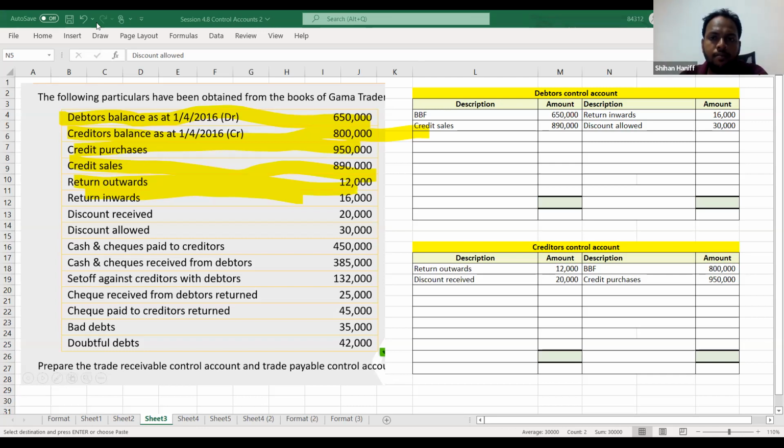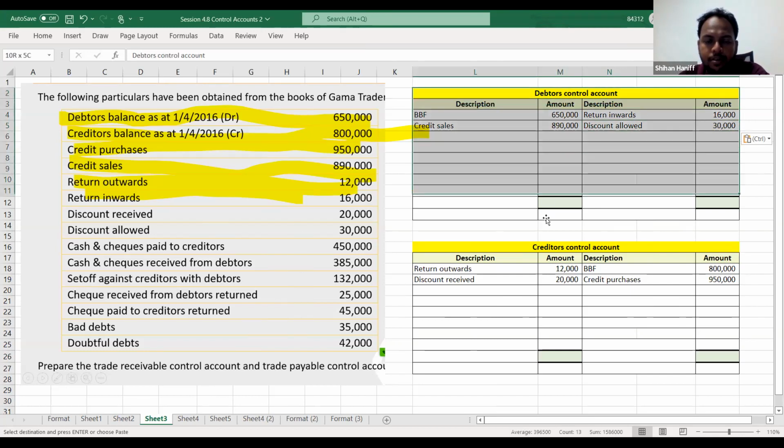Doubtful debts won't come here. The double entry for the doubtful debt is provision for doubtful debt account credit and the income statement debit. So it won't come here.